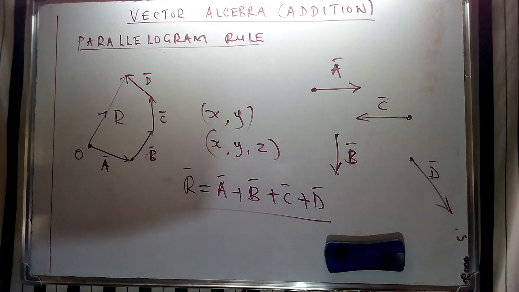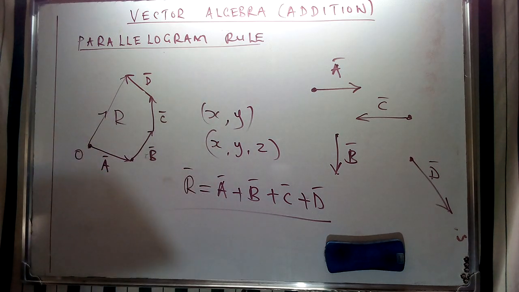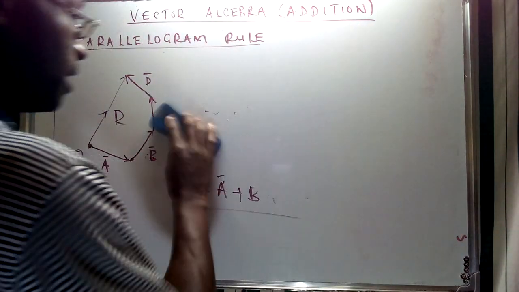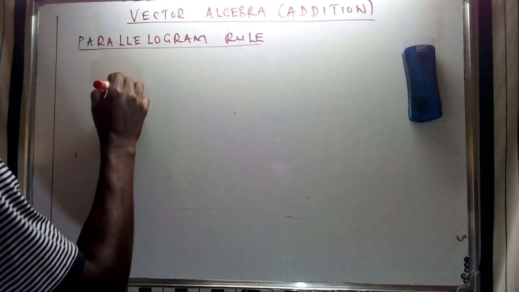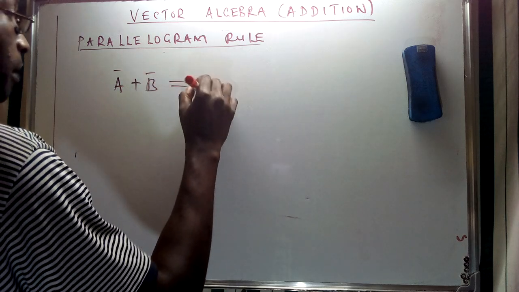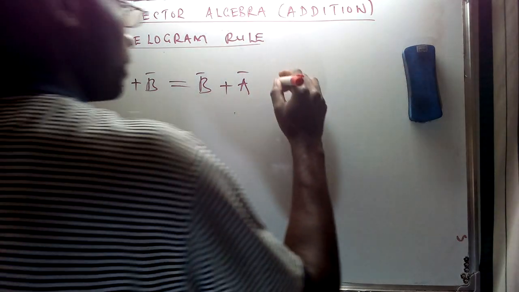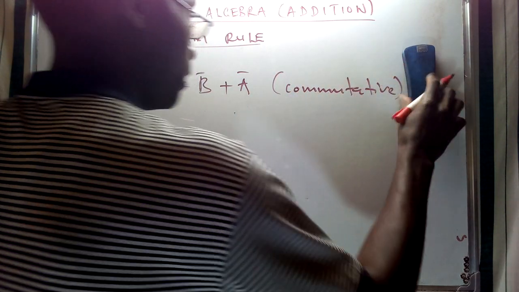So these are going to obey the laws of algebra, addition of vectors as I've said. I've mentioned the first one, the commutative law of vector addition. Suppose we have a vector A plus B. For addition, this implies that we can have B plus A, and this constitutes the commutative law of addition of vectors.